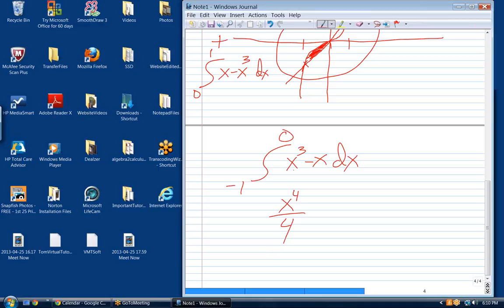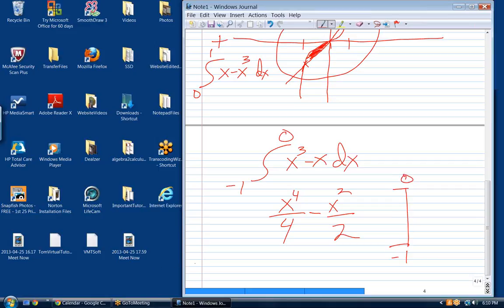The way I usually do the power rule on integration is I add 1 to the exponent first and then divide by the new exponent. And we're going to evaluate this thing from -1 to 0.